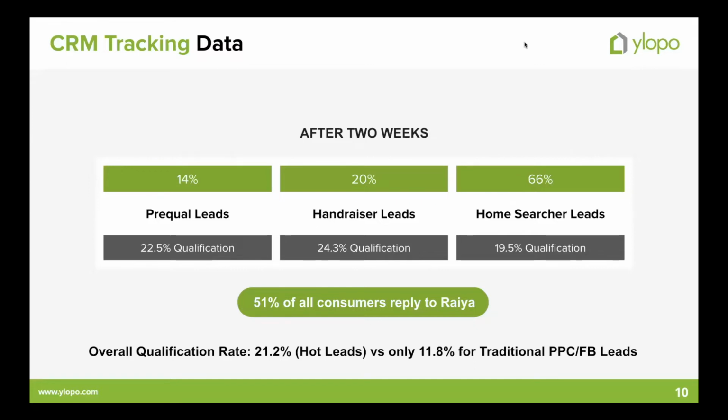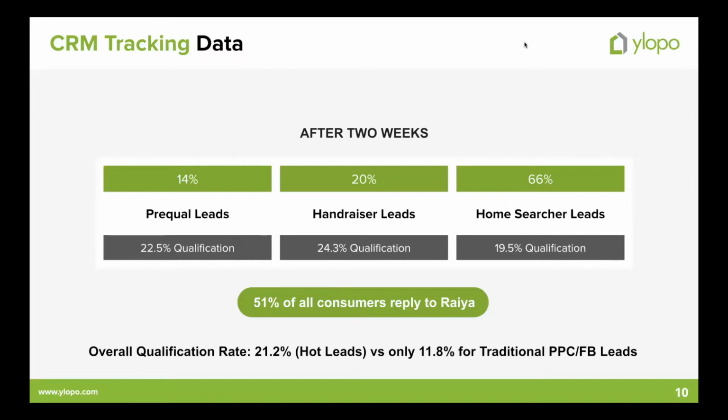And I want to lead with that for you guys, because the money is in the conversation. And you're seeing at a low end of 19.5% to a high end of 24% of these leads, the conversations are resulting in people that are wanting to buy or sell a home. This is industry leading and industry changing, because PPC, what's great about it is it's just a bunch of dials, and you can turn up the volume based on your needs.